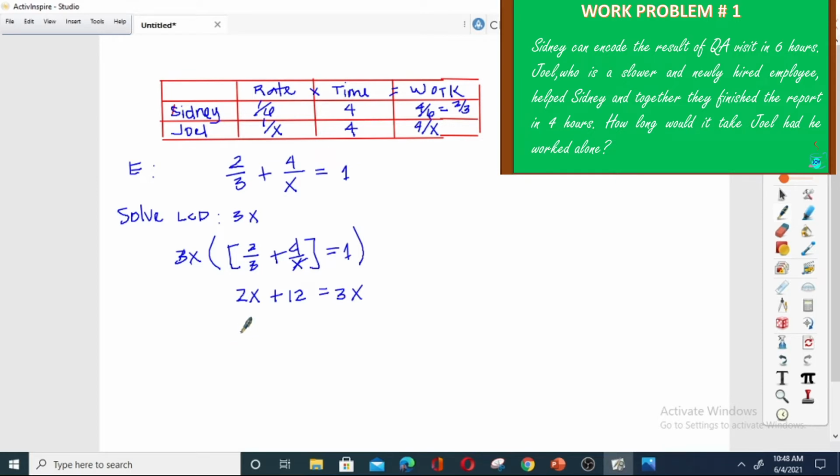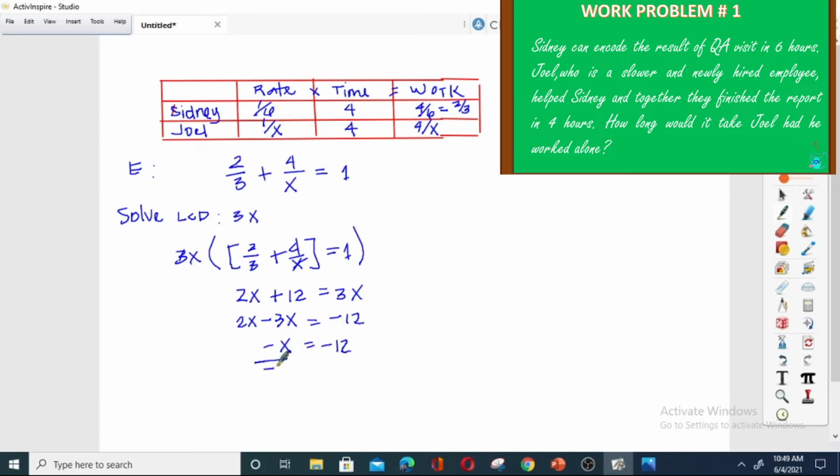Combine similar terms. So 2x minus 3x is equal to, transposing 3x to the left it becomes negative, and 12 transposed to the right, they will change the sign. So 2 minus 3x is negative x, equal to negative 12.